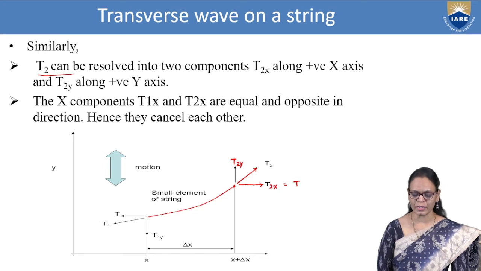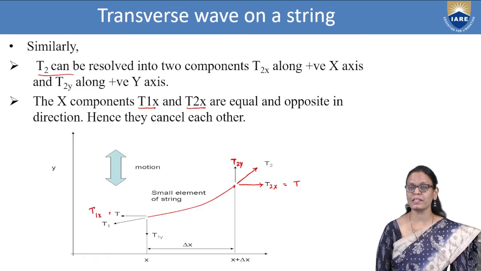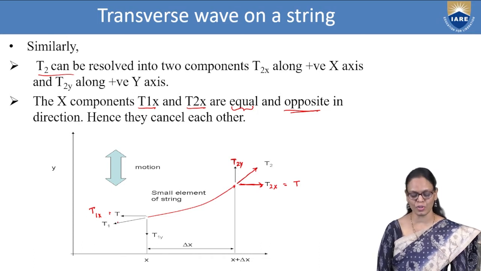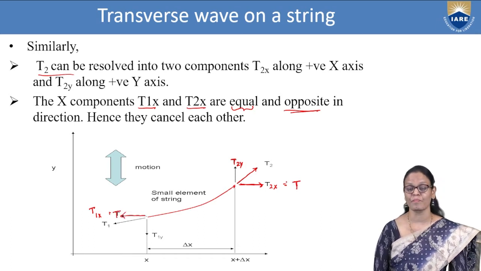And if you see here, the x components T1x and T2x are equal in magnitude, but they are opposite in direction. The direction of T2x is along the positive x-axis and the direction of T1x is along the negative x-axis, but the magnitudes are the same. So they cancel each other.